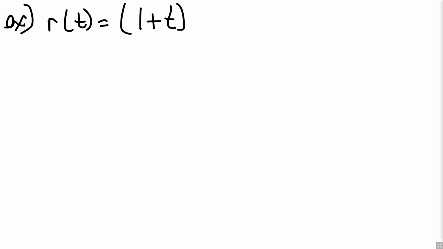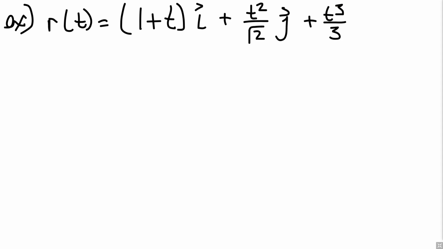Okay, so in this example, we are told that our position vector r of t is equal to 1 plus t in the i direction plus t squared over the square root of 2 in the j direction plus t cubed over 3 in the k direction, and we're told that t is equal to 1.